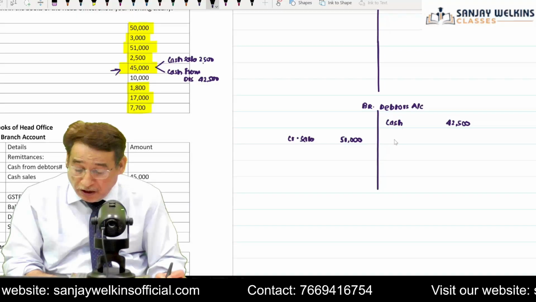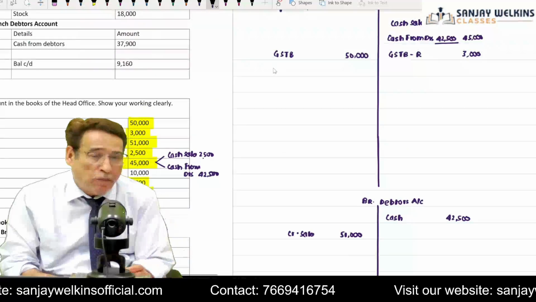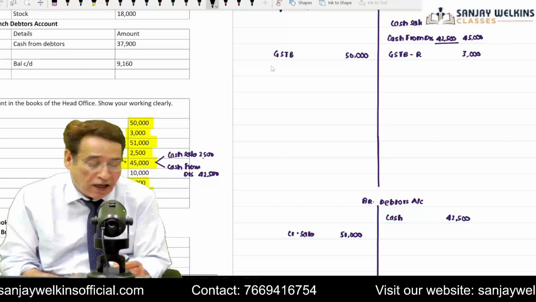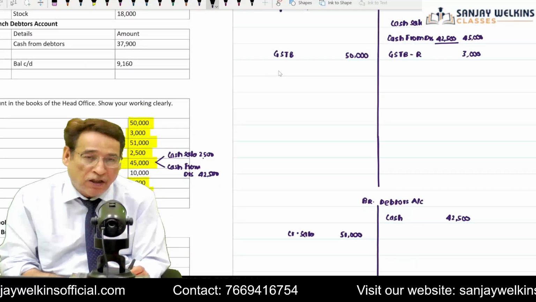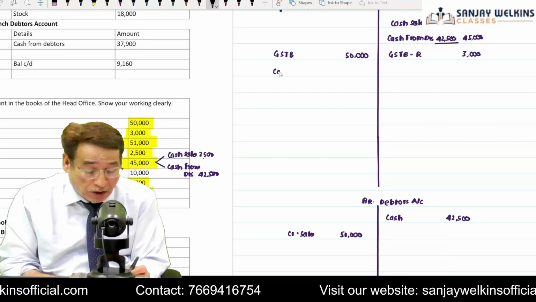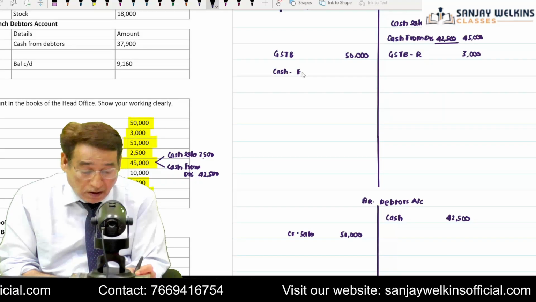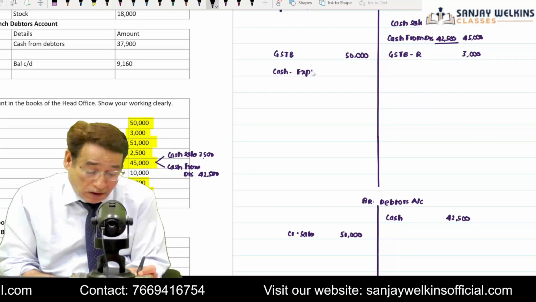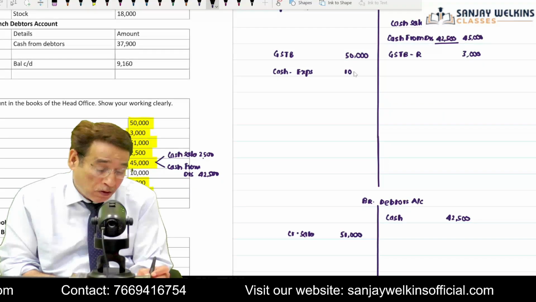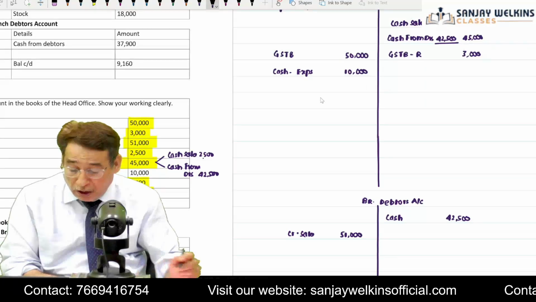Then in this case, you are being given expenses. Expenses paid by head office. It means actually head office has sent cash to the branch and branch must have paid the amount for expenses. So here I am going to write to cash expenses. That is equal to 10,000. Then we are being given discount allowed to customers.